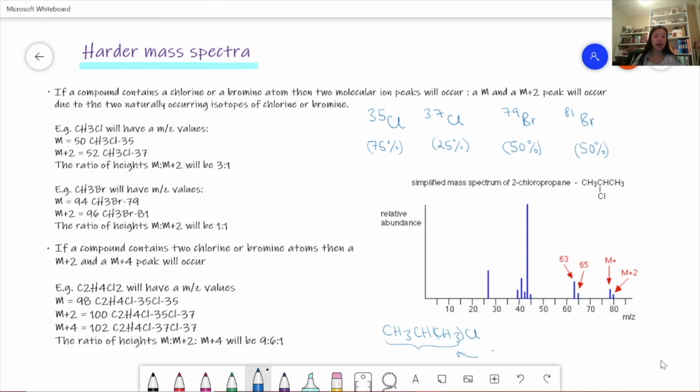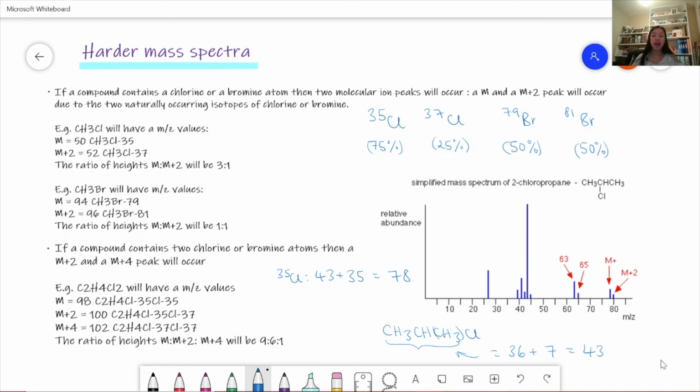For this bit we get 3 times 12, which is 36, and then we have 7 hydrogens, so we put plus 7, and this equals 43. And so for the 35Cl, we get 43 plus 35, which gives us 78.